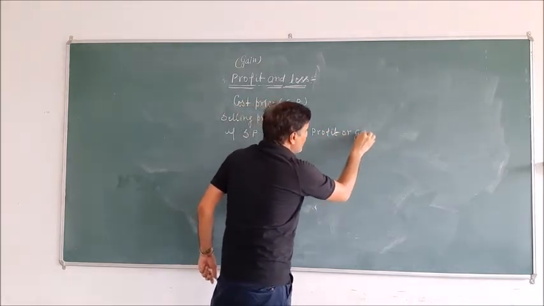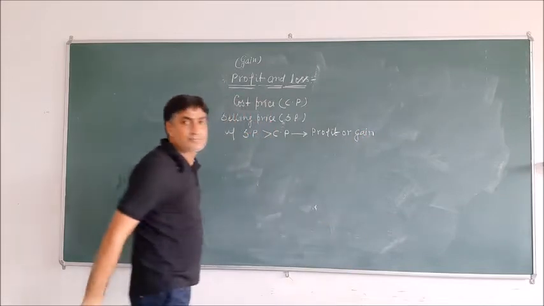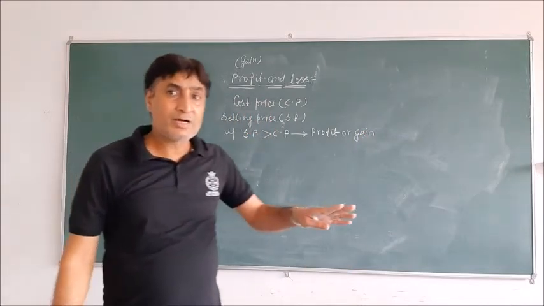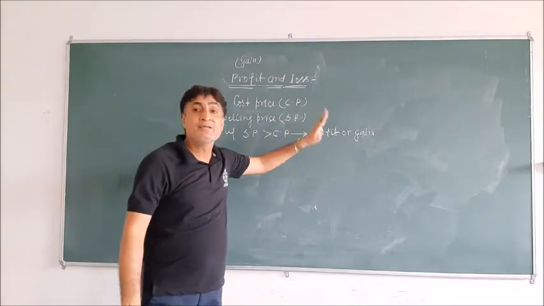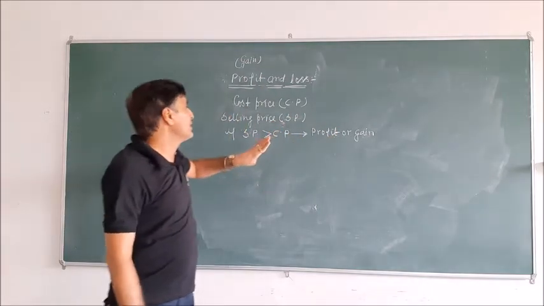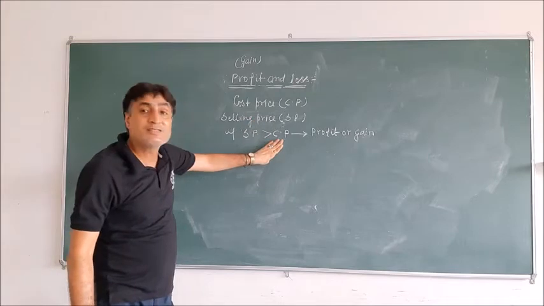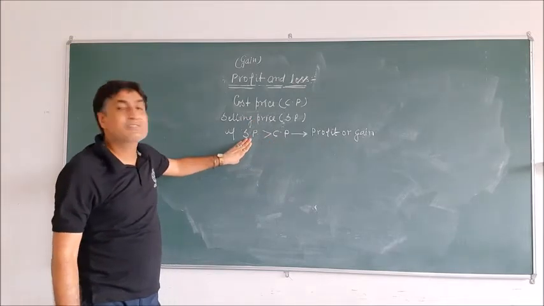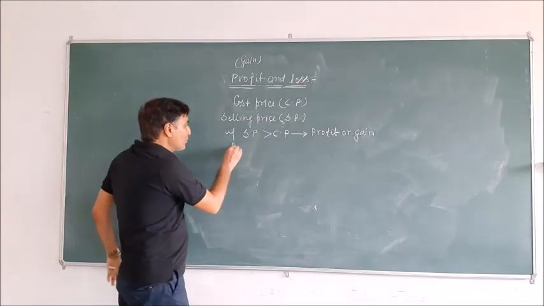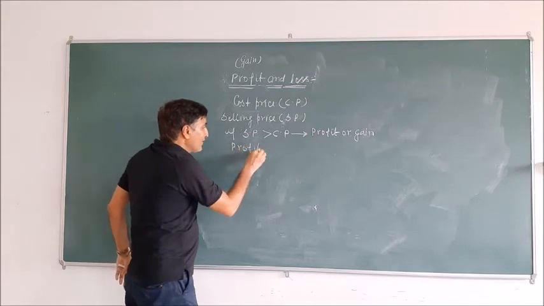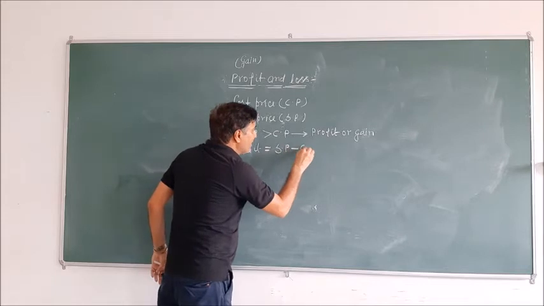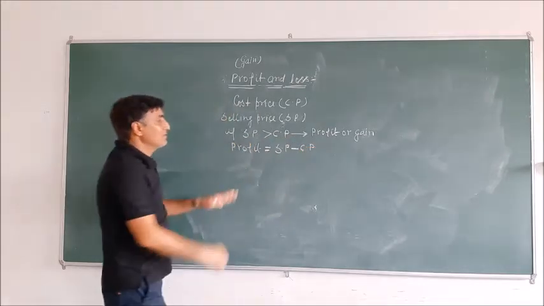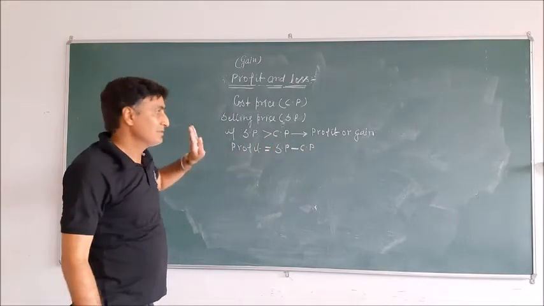It means if selling price is greater than cost price, then there is a profit or gain. If we want to find the actual amount of profit or gain, it can be calculated by subtracting the cost price from the selling price.